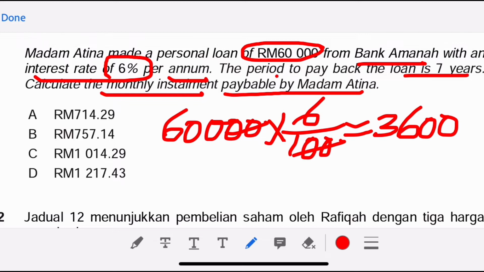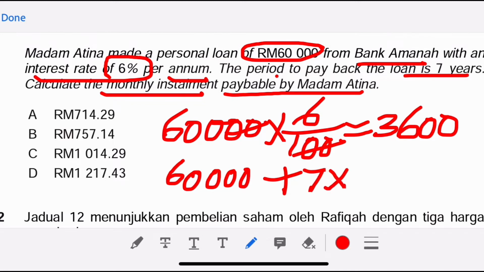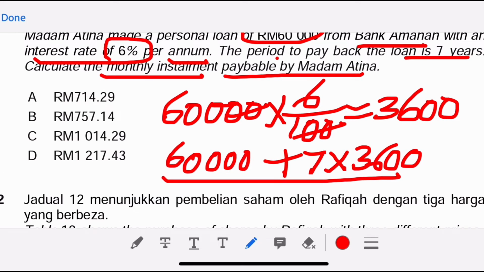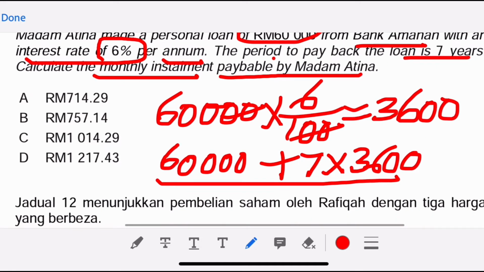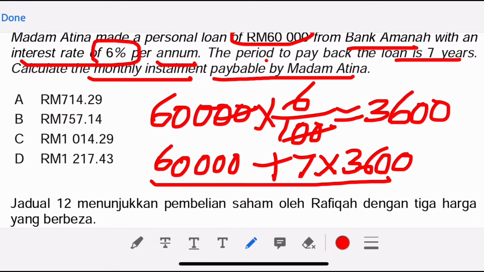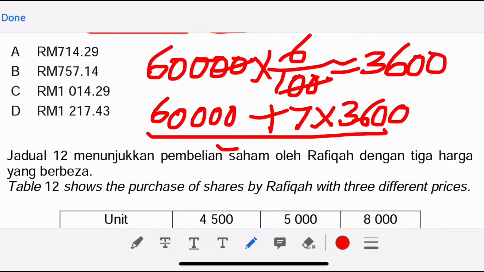So over the 7 years, the total amount is the 60,000 principal plus the 7 years multiplied by the interest per year. This is the amount of money that Madam Athena has to bear for the 7 years. And 7 years consists of 7 times 12 months.